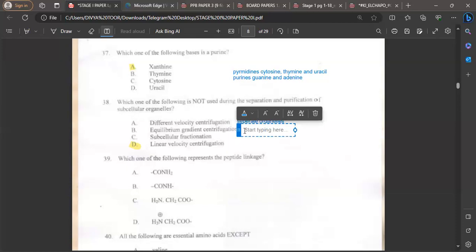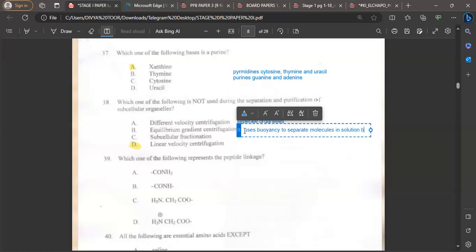Anyone else who knows what equilibrium gradient centrifugation is? What I'm seeing from Google is that it uses the concept of buoyancy to separate molecules in solution by their differences in density.